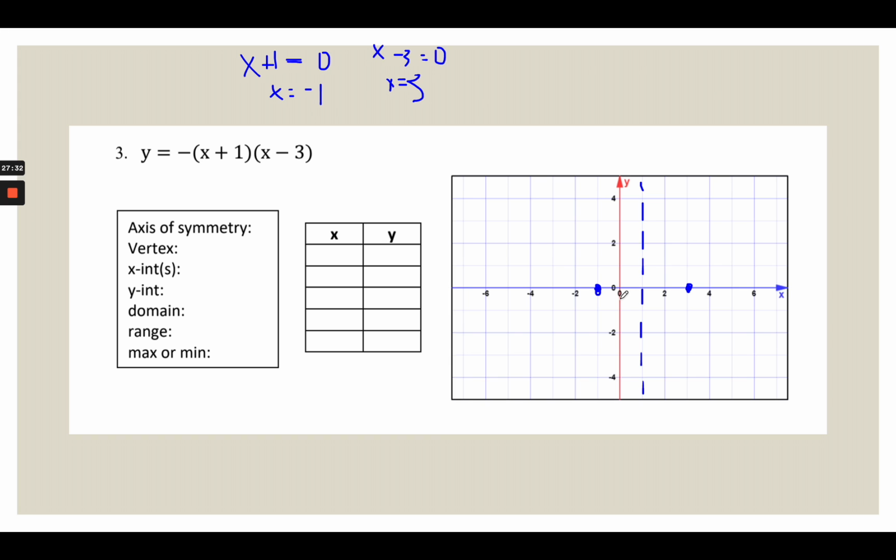So now that we know the axis of symmetry is at x equals 1, to find our vertex, we're going to plug that 1 in to get our y value. So when we plug 1 in here, we get negative (1 plus 1) times (1 minus 3).